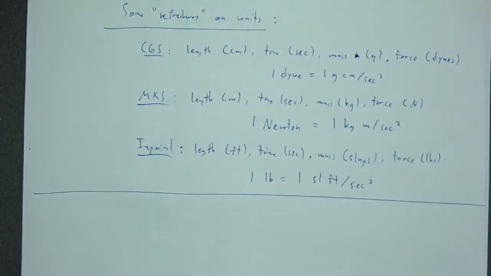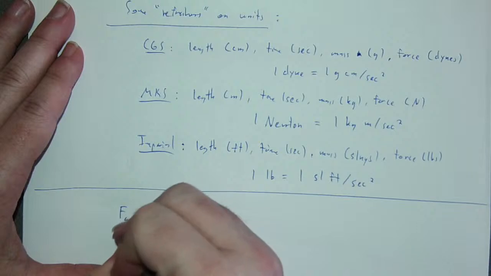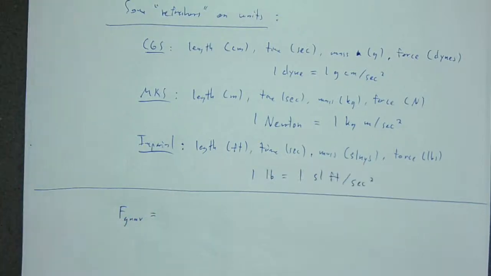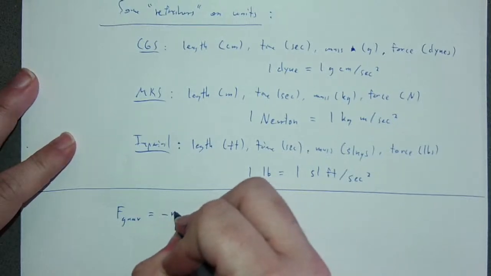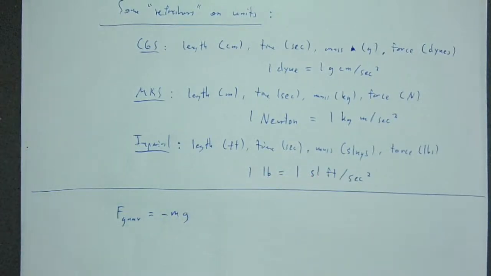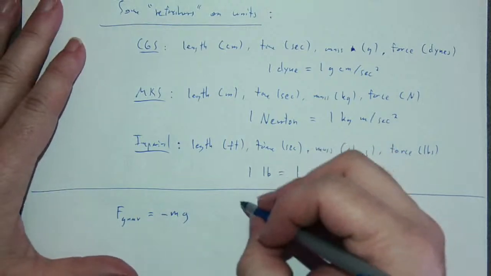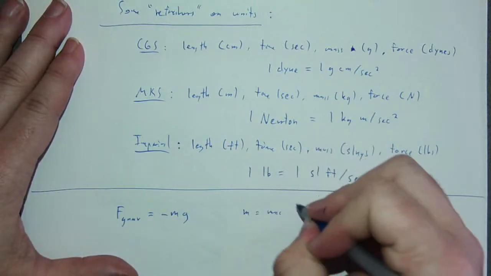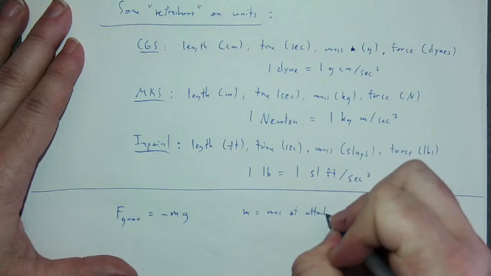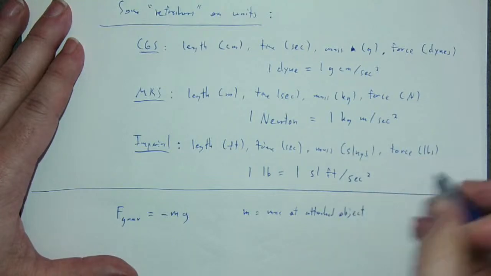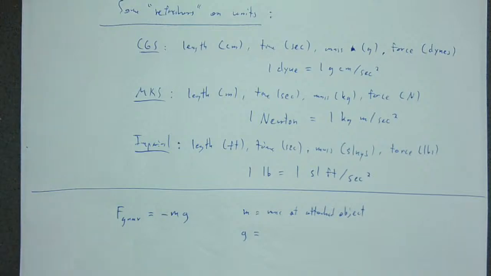So what about this gravitational force? What is that? Well, this is just the downward weight of the mass, and so the gravitational force is minus mg. M is the mass of the attached object, and g is what?